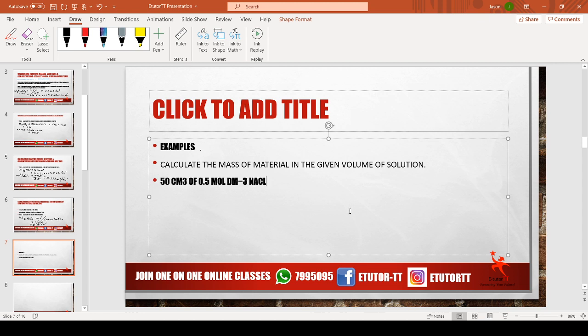So we're going to do it for this one. Calculating the mass of sodium chloride in this solution. So the first thing we will want to do is calculate moles for this. So let's change this to dm cubed. So you have 50 cm cubed divided by 1000. So we got volume equals 0.05 dm cubed.